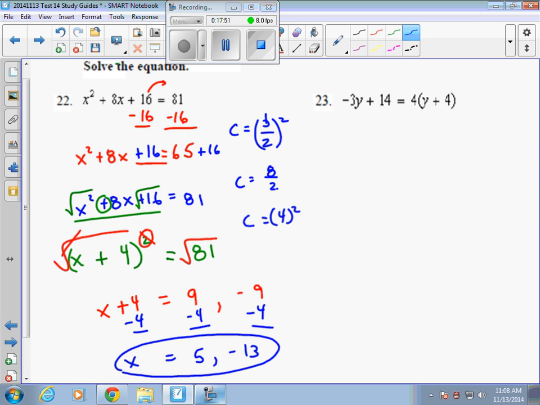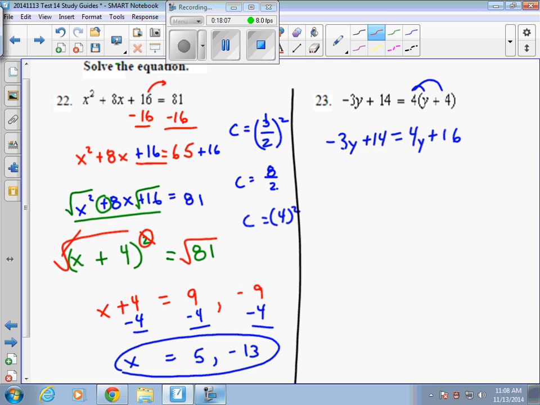Simplify number 23. Distribute 4 times y and 4 times 4. Okay, this is just an algebra 1 problem. Get all your y's on one side. Negative 4y, negative 3y is smaller than 4y. Bring it over by adding 3y. If you add it there, add it here, you get 7y.